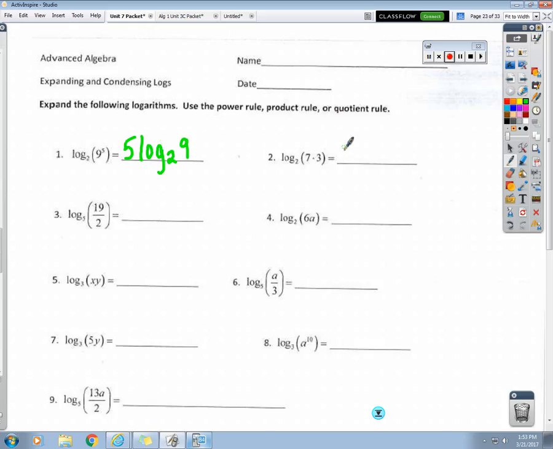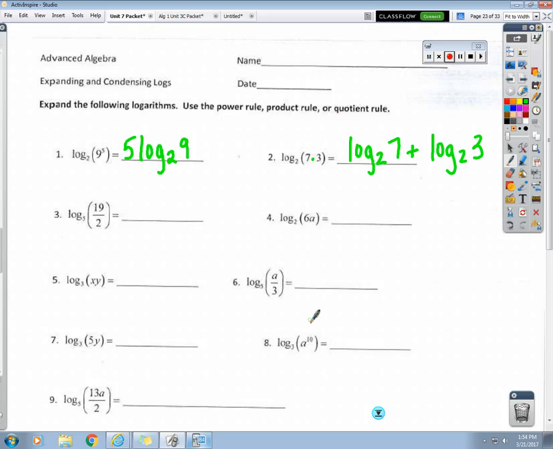Okay, what property are we talking about with number 2? Product, because they're being multiplied, right? So when you expand it, it'll be log base 2 of 7 plus, because whenever it was a product, you add, log base 2 of 3.